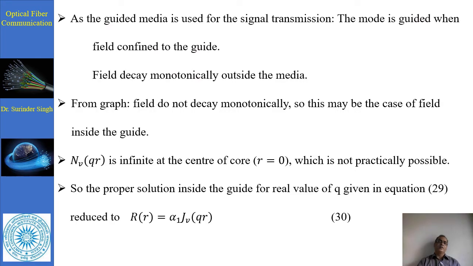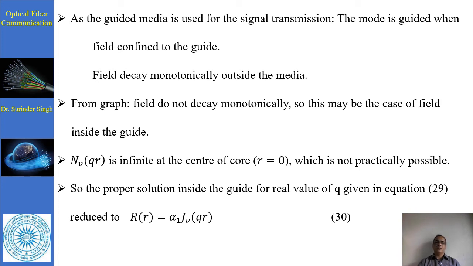For a guide, as the guiding media is used for transmission, the mode is guided. When the field is confined, it has to decay monotonically outside the media, outside the core. With this graph the field does not decay monotonically; the field is basically propagated inside the fiber.